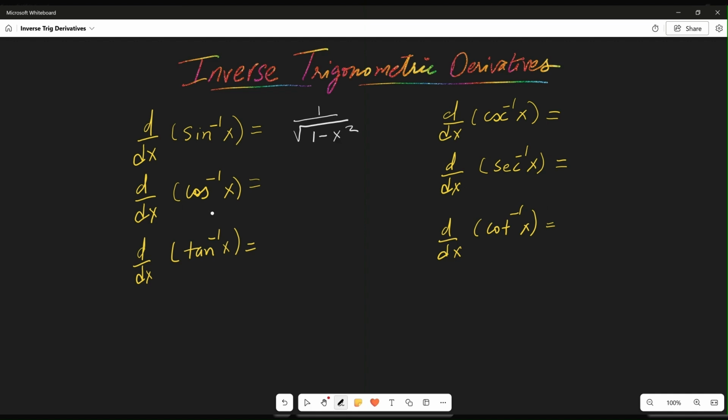and the derivative of cosine inverse x is exactly the same as for sine inverse x, but instead there's a minus in front of it. So this is going to be the negative of it.